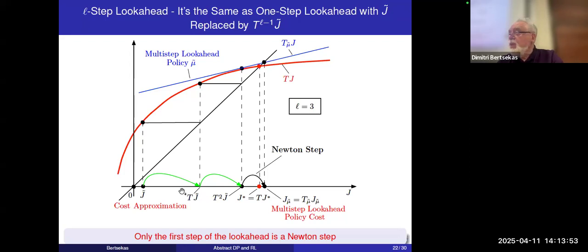That's the role of multi-step look-ahead. It improves the starting point for the Newton step. Note also that only the first step of the look-ahead is a Newton step, and the remainder serves to enhance the starting point. So that's the key interpretation, and there are a lot of different variations of this methodology.